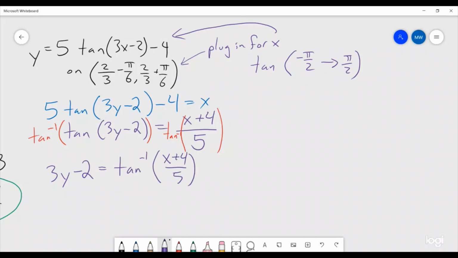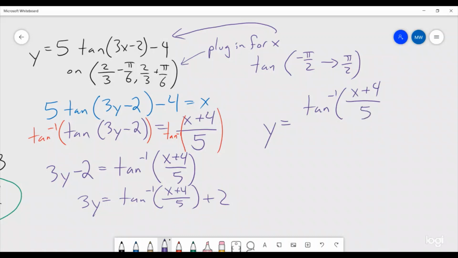Well, add 2 to both sides, so we get 3y equals inverse tangent of x plus 4 over 5 plus 2. And then divide by 3, we get y equals inverse tangent of x plus 4 over 5 plus 2, all over 3. And that would be our inverse function for this particular case.